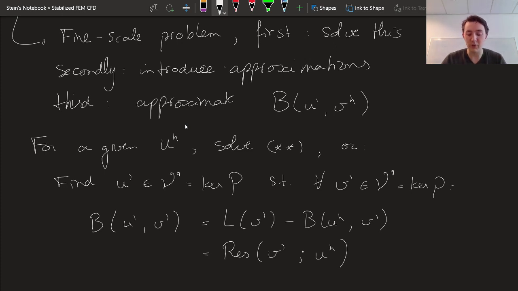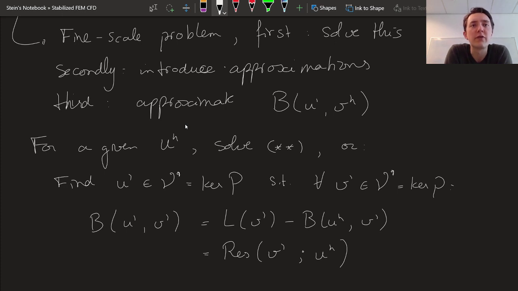And it's a linear form with respect to V, and that's what we need to solve this equation. We have a bilinear form, depending on the solution U prime and a test function V prime, and that is going to equal a linear form of a test function V prime. That's already what we have right here. And I think this equation already tells us quite a bit about the behavior of the fine scales, and it's quite interesting to think about what this says.